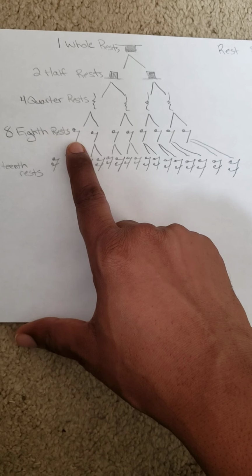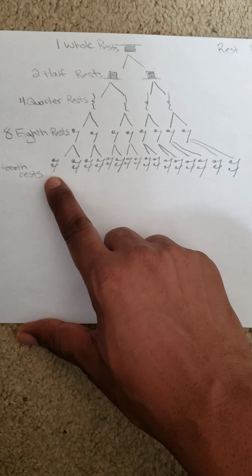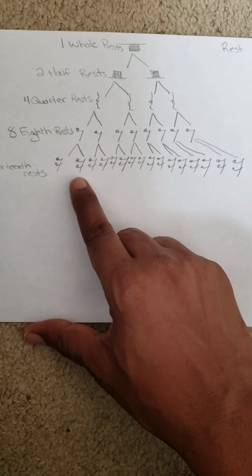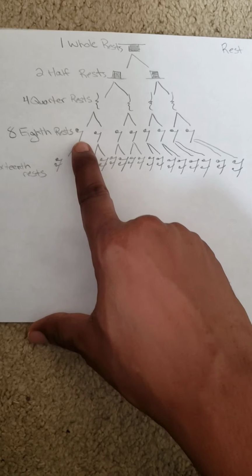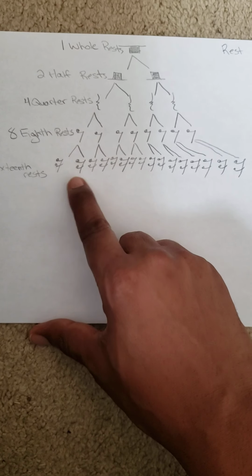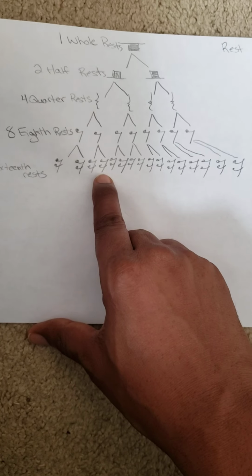1 eighth rest is 1/2 a beat. So when we break that down a step further and add a flag, we now have the 16th rest, which is 1/4 a beat. 2 16th rests gives me 1 eighth rest. 4/16, I'm sorry, I said that wrong.